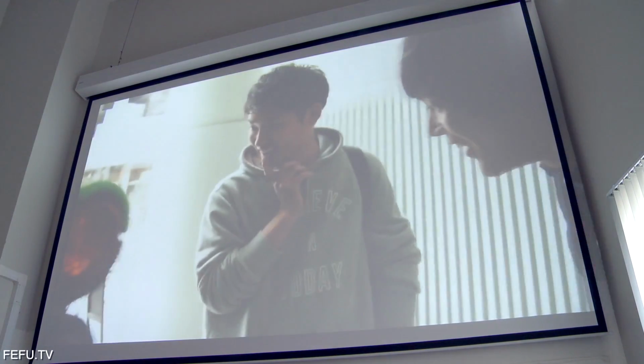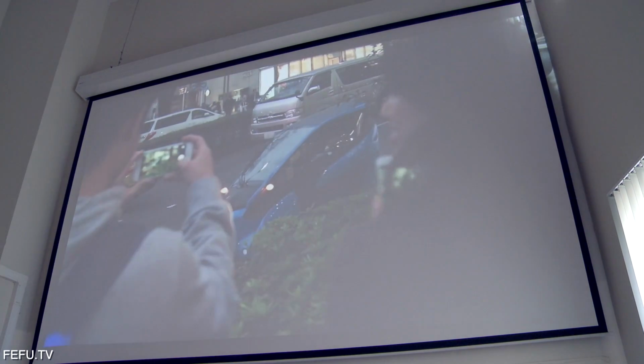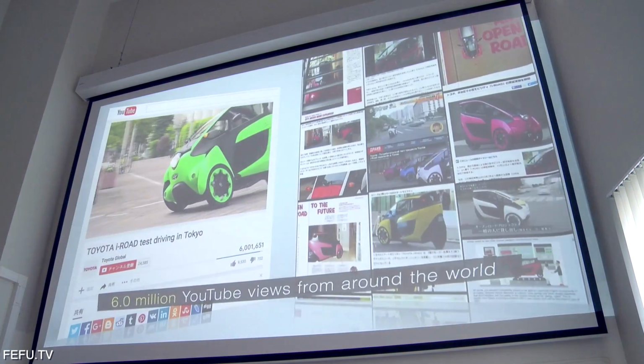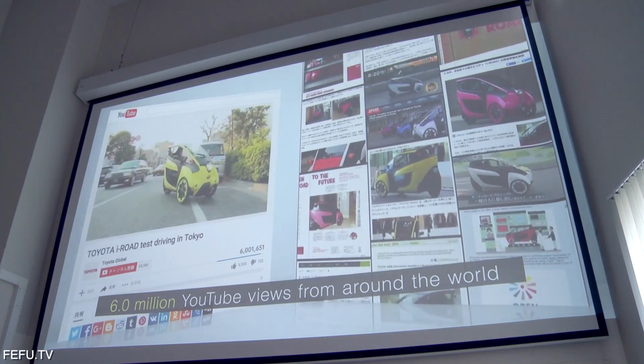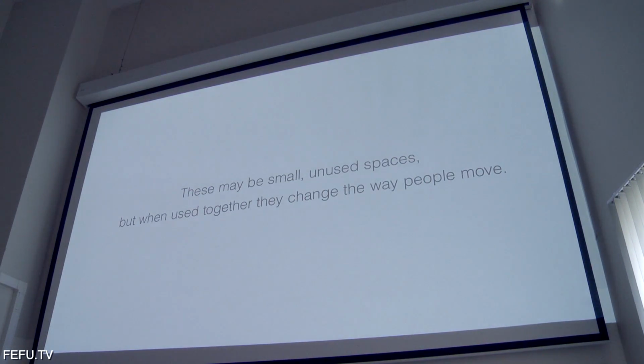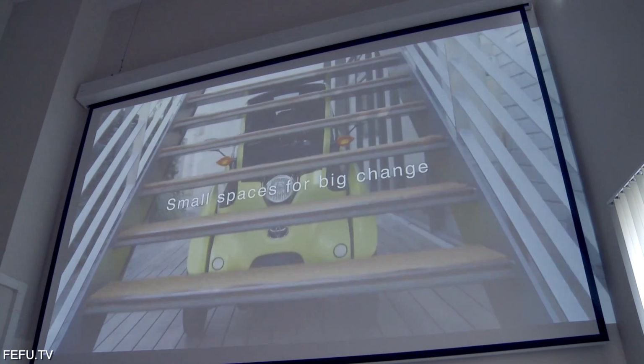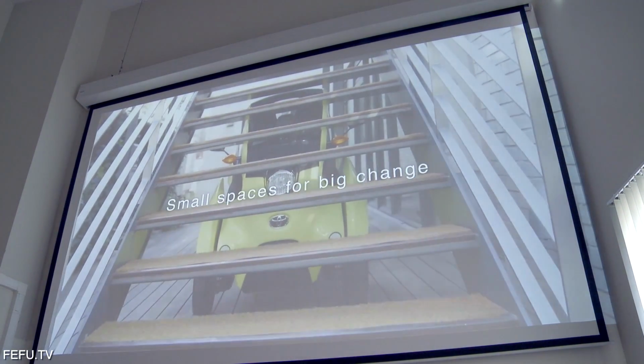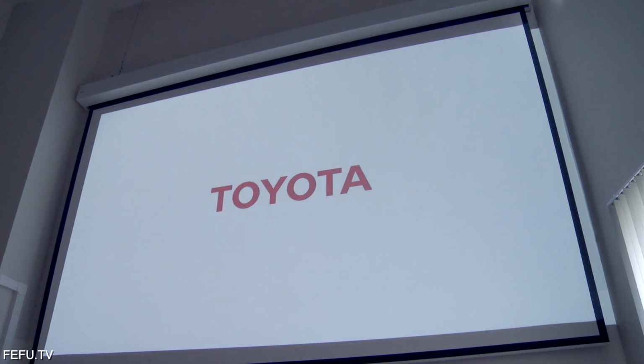When people who lived in Tokyo and other large cities saw these small parking spaces, the iRoad's popularity surged. These may be small, unused spaces, but when used together, they change the way people move. Small spaces for big change. Open Road Project.